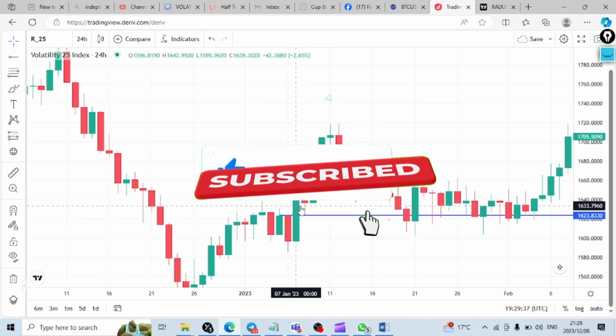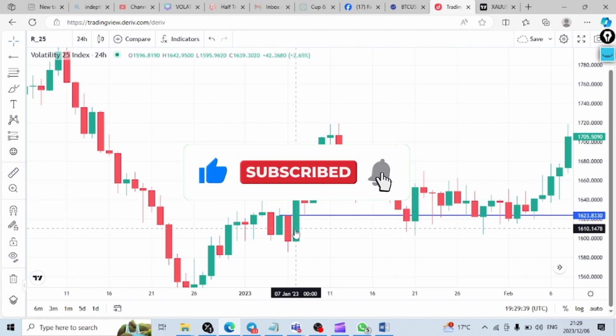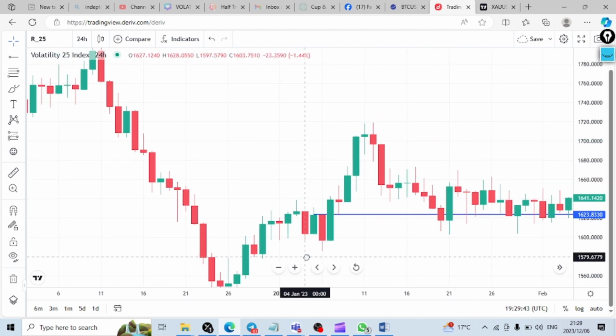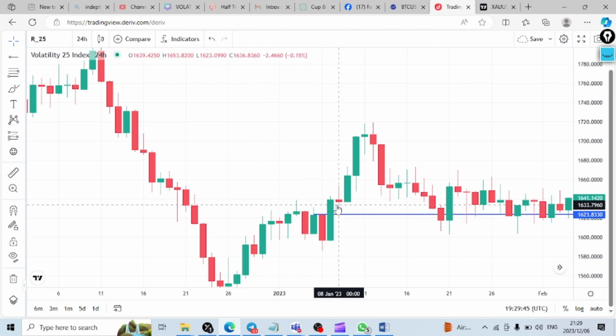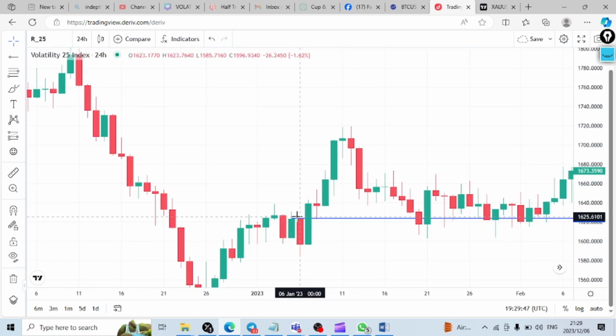before a big movement from that level, which signifies the involvement of smart money traders. And we can see that when that took place, price then went upwards.